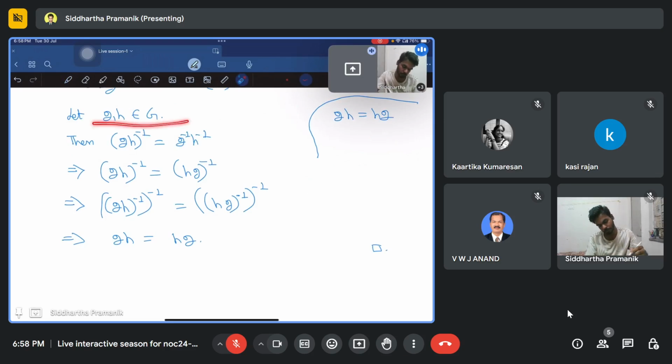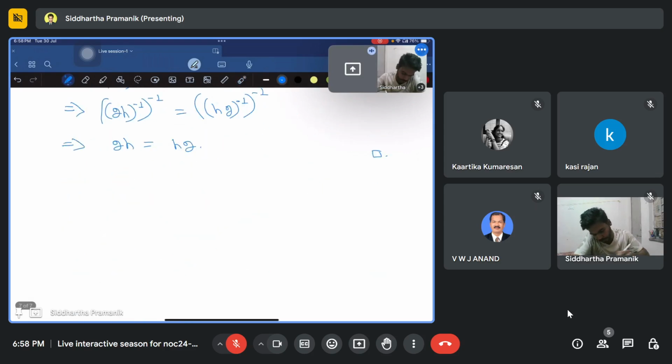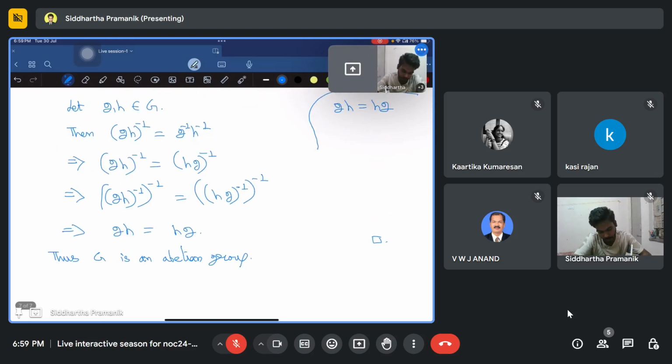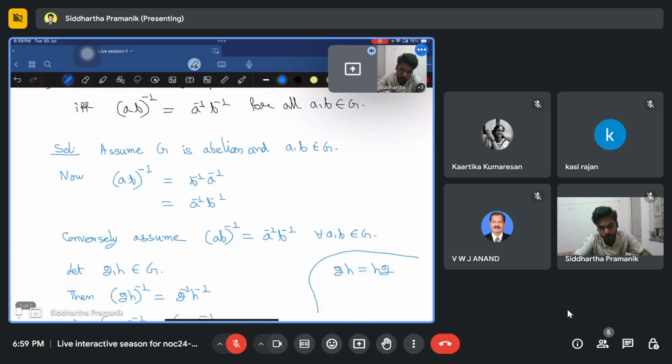So this holds for arbitrary elements. That means G is commutative. So we can say G is an abelian group. Okay, I hope this one is fine.